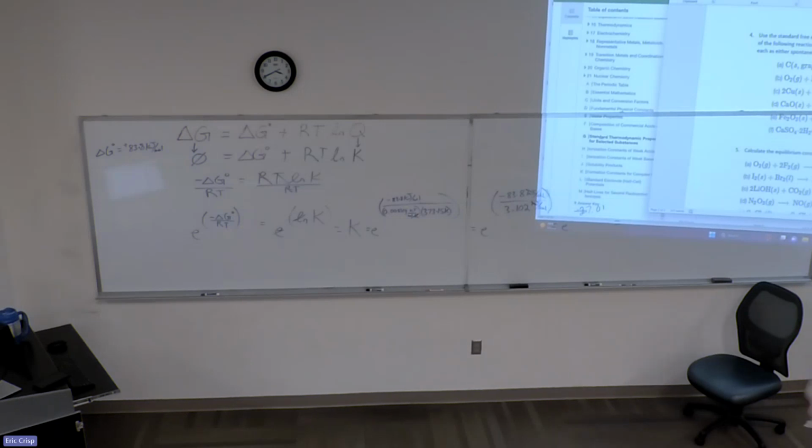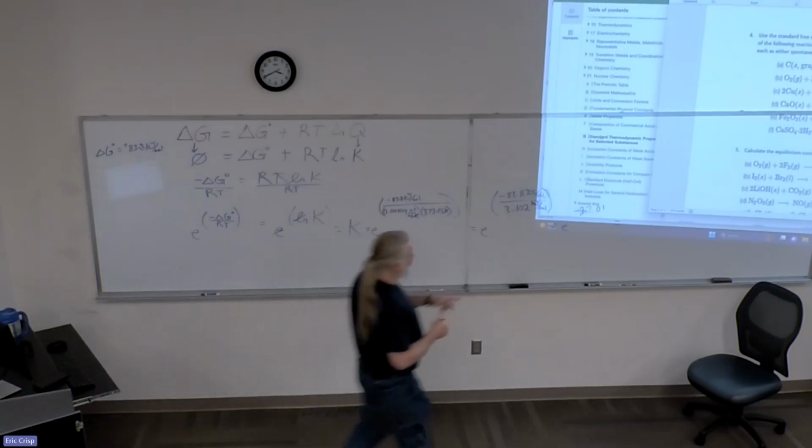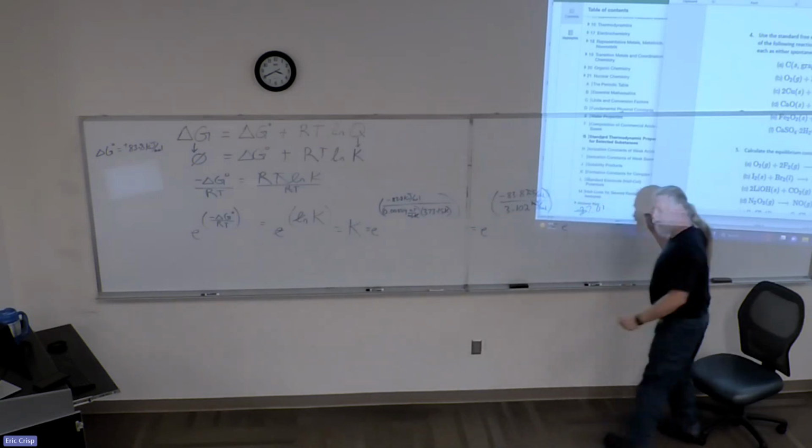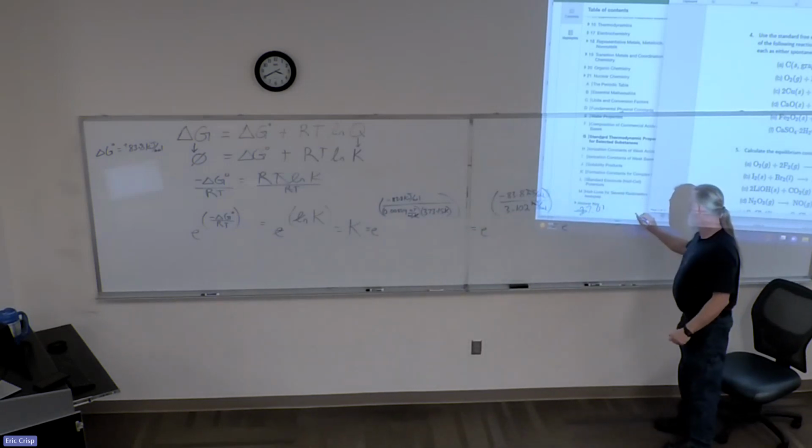It's not working. What's not working? Looks like it's working. You just did it all at once. You've just done the next step. What did you get? 0.85 times 10.